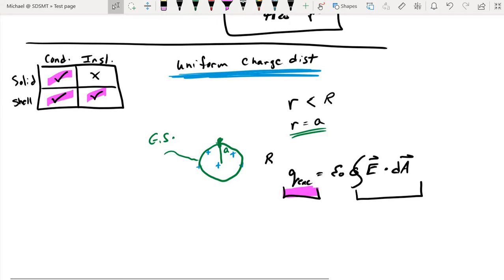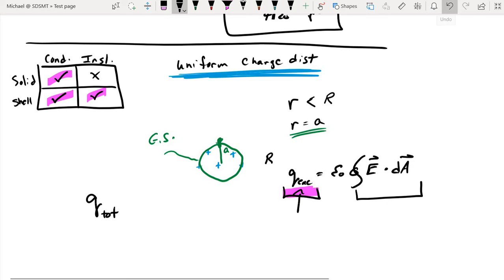The problem is that the enclosed charge that we have to work with is no longer the total charge that the sphere was holding. There's some smaller amount of charge inside of our Gaussian surface here.